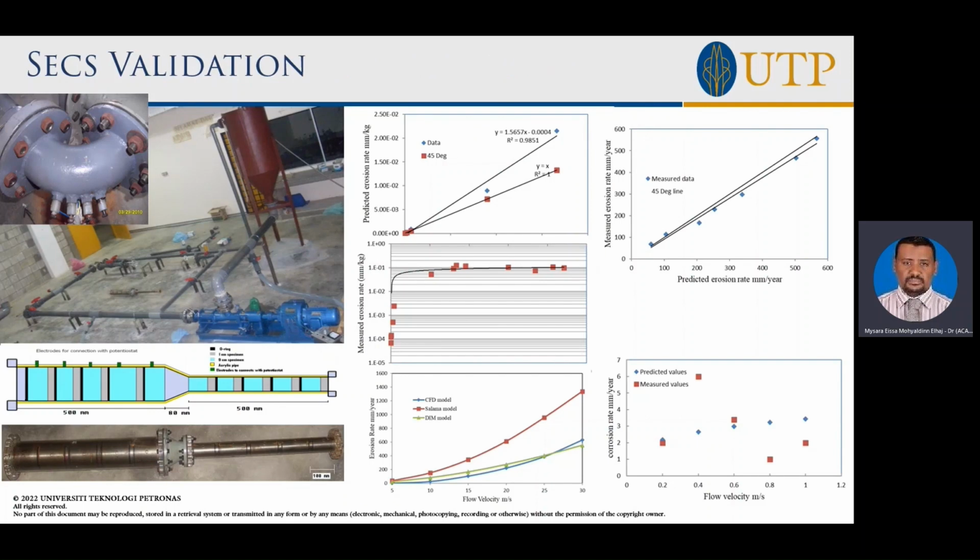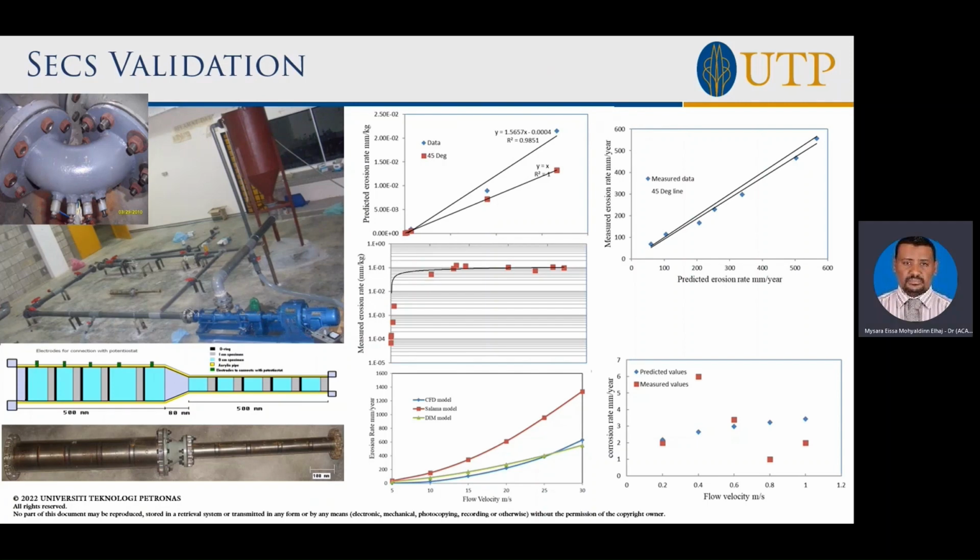The accuracy of the software has been confirmed by comparison with 3 sets of data. The first set of data is data we measured at the lab using an in-house fabricated flow loop, as shown in the upper left side. This flow loop can measure erosion or corrosion in elbow and straight pipe.